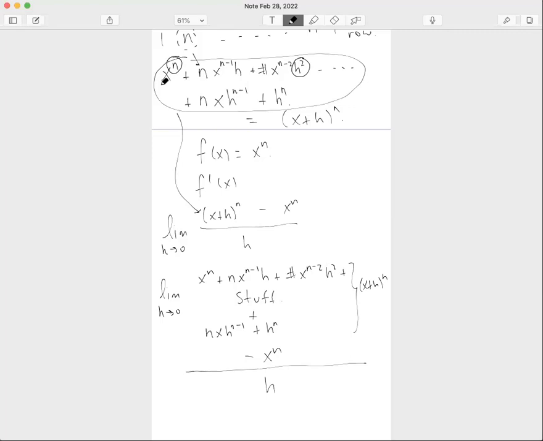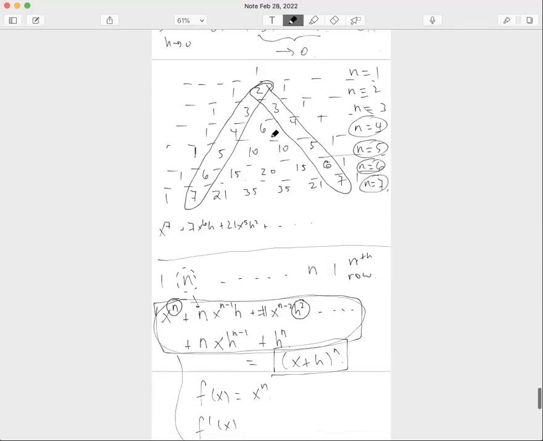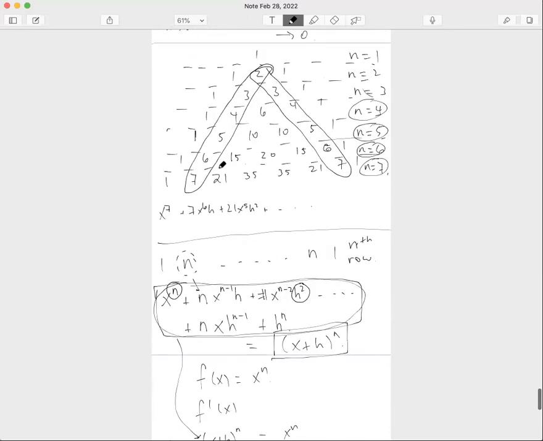If you can accept this, do you accept how this is equal to this? Just do it by the pattern, right? My first term is x to the number, and I have the number n, and then I subtract 1 from the power of x, n minus 1, and I add 1 to the power of h.